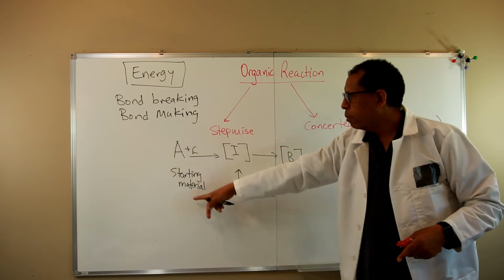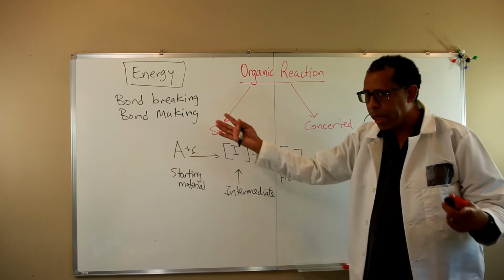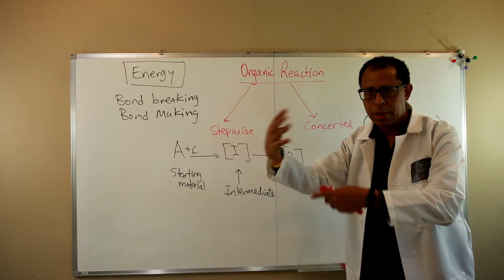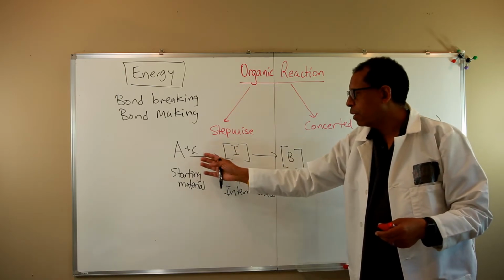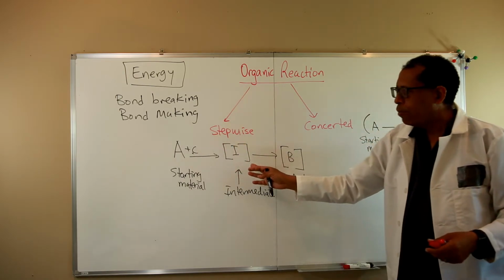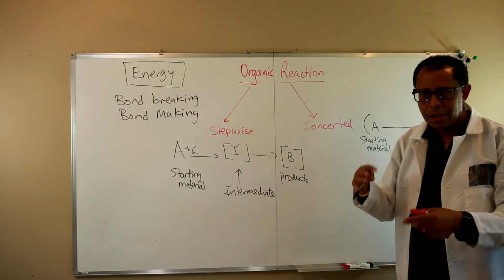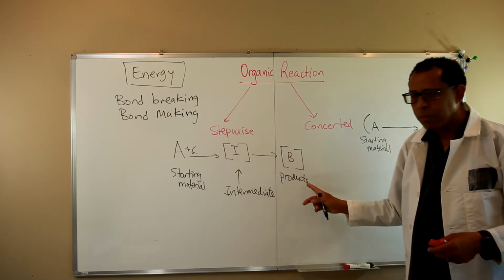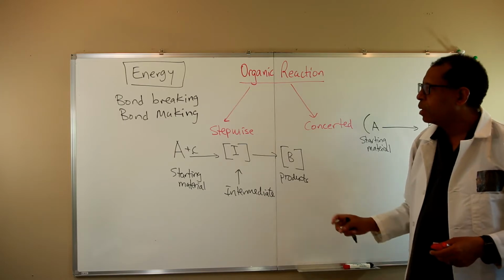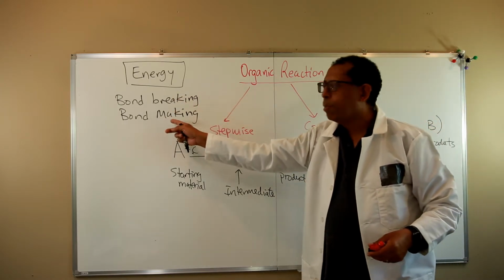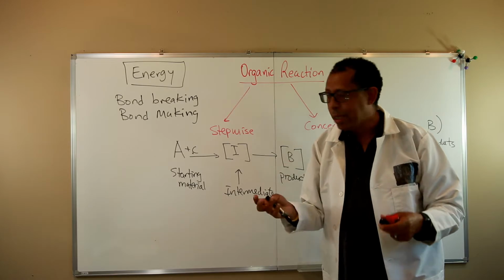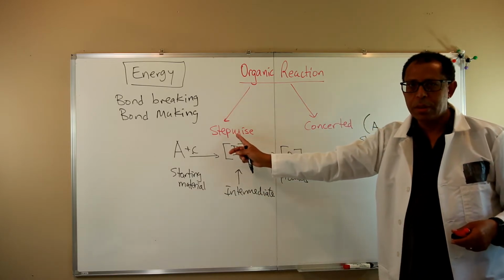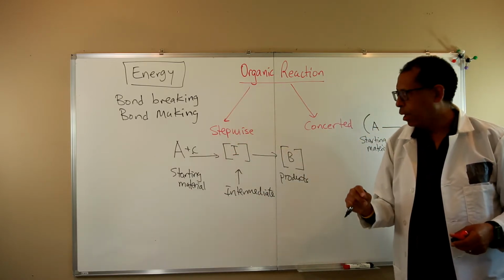Here, the starting material bond might break. It would associate with some other activated complex, transform itself to an intermediate. That intermediate is unstable, as I said, it's high energy, and goes to a final product B. So bond breaking and bond making are not simultaneous in a stepwise reaction mechanism.